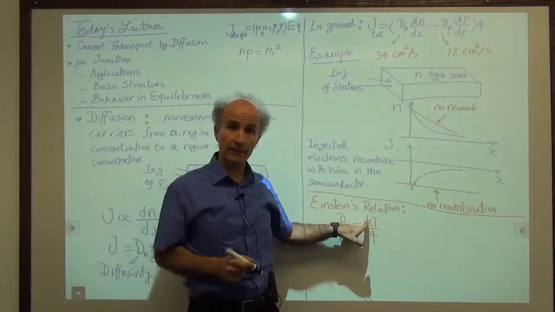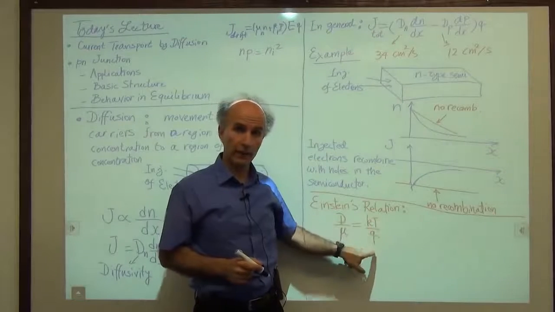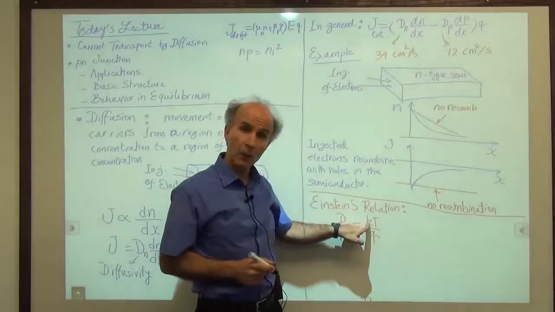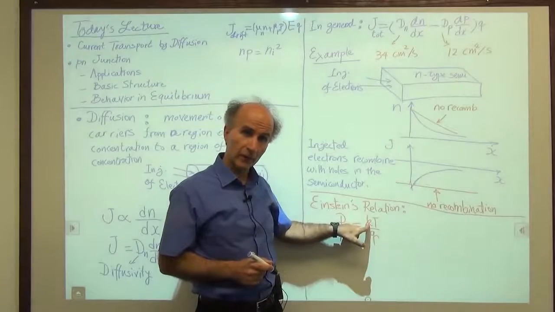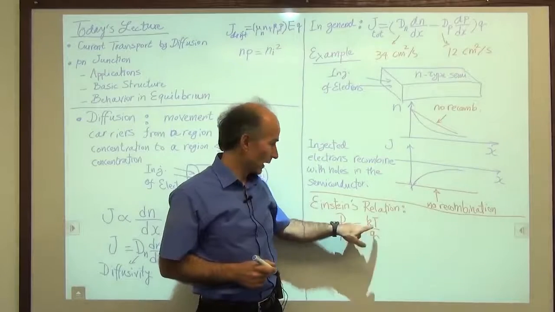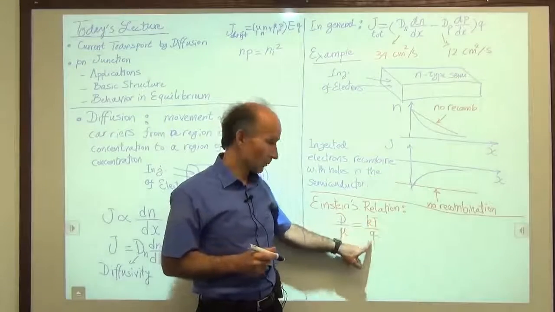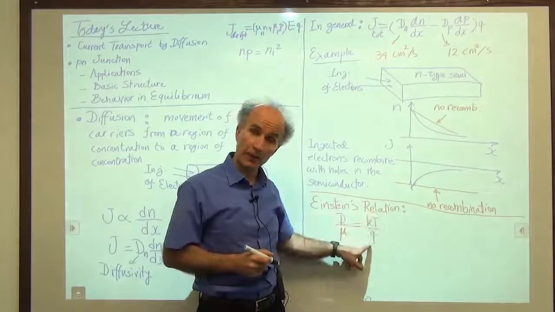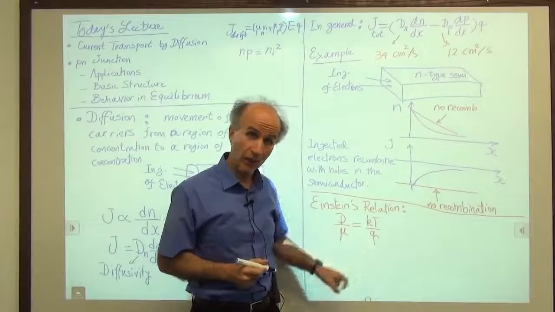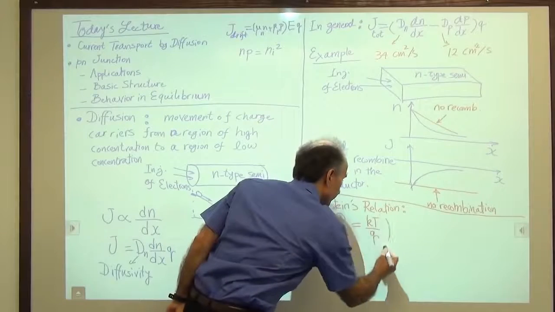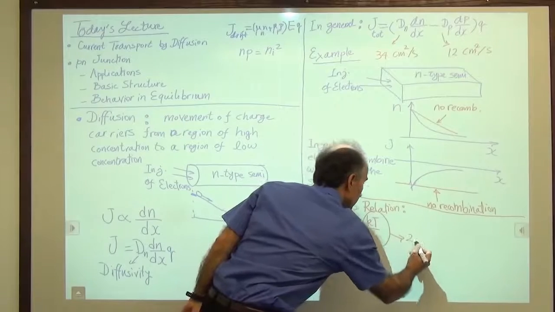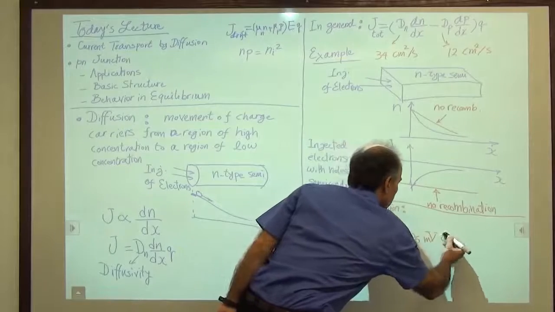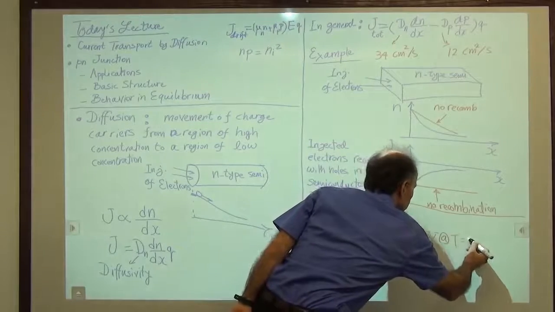K is the Boltzmann constant, T is absolute temperature, and q is the electron charge. I usually remember k, 1.38 times 10 to the minus 23, and temperature, for example, 300. I don't remember the electron charge. But what I do remember is this whole quantity. This whole quantity actually has a voltage dimension, and it is equal to 26 millivolts at room temperature.